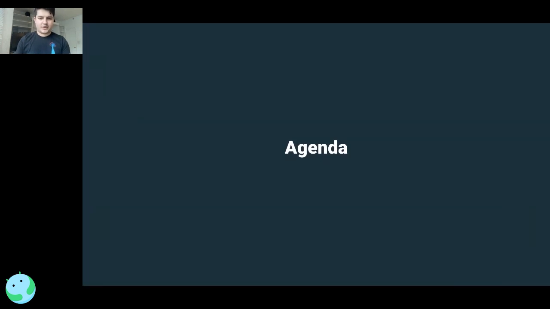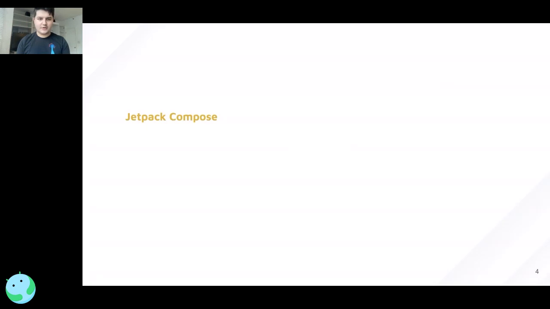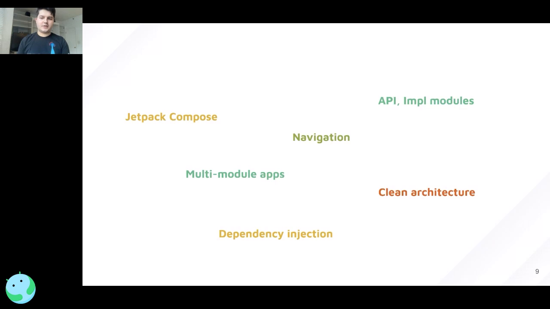And yeah, let's talk about the agenda of our talk. And the agenda is pretty simple. As you know, we have a lot of different technologies, patterns, and buzzwords in the Android industry, like Jetpack Compose, multi-module apps, API and implementation modules, navigation, dependency injection, and finally client architecture.